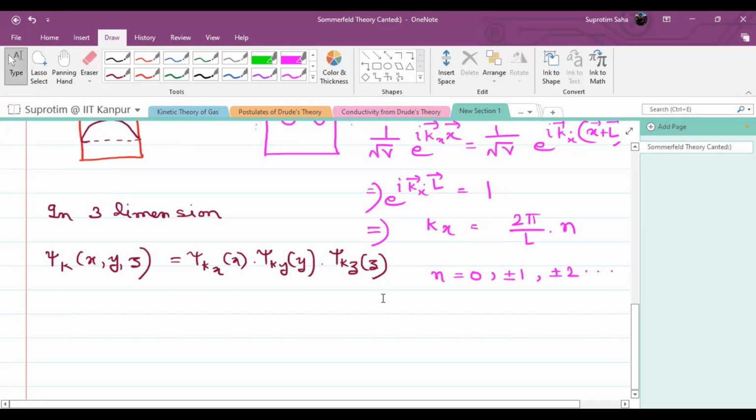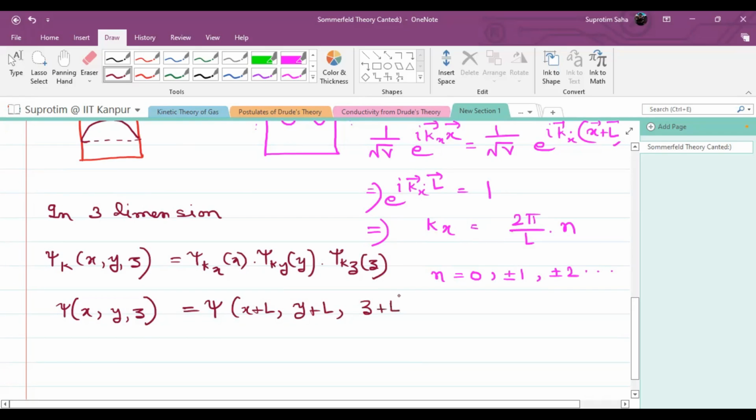Each of these wave functions needn't go to zero at the boundaries; they need only follow a periodic boundary condition. In that case, psi(x, y, z) equals psi(x + L, y + L, z + L).